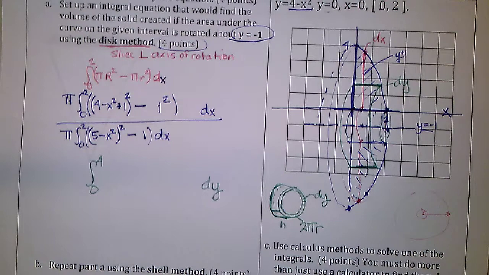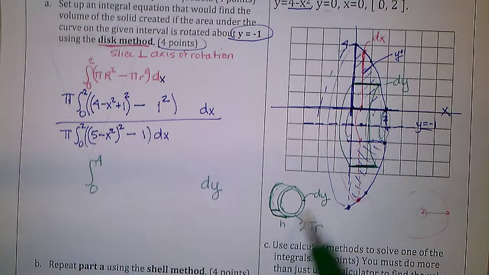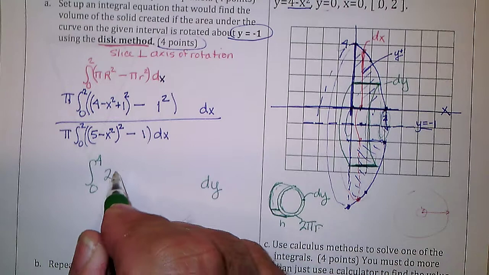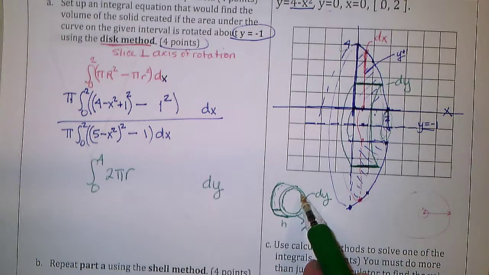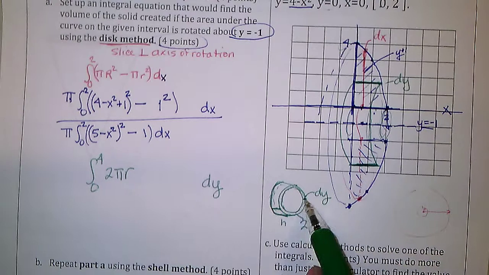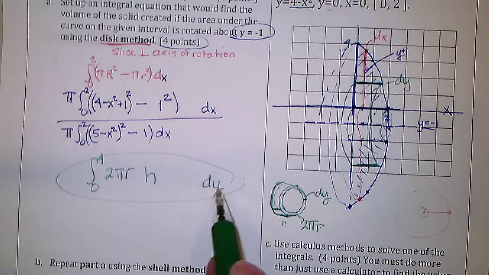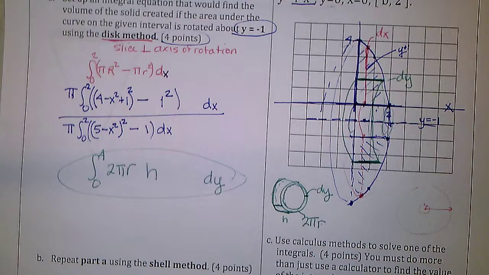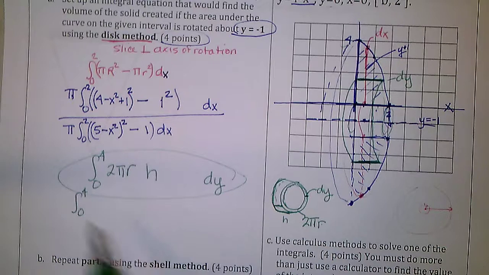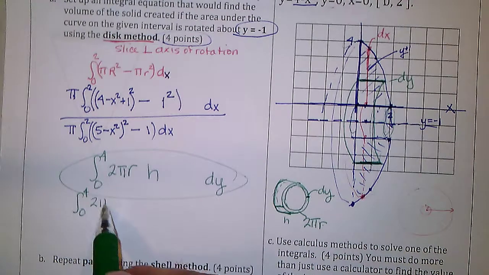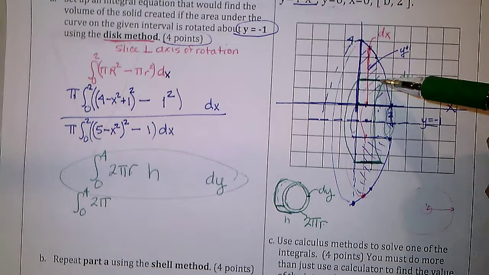Okay, so now I have to do 2 pi r times h times dy. 2 pi r, the distance around, times the dy times the h. So now I got to get this in terms of y. So I have the integral from 0 to 4 of 2 pi r, the radius of my ring.